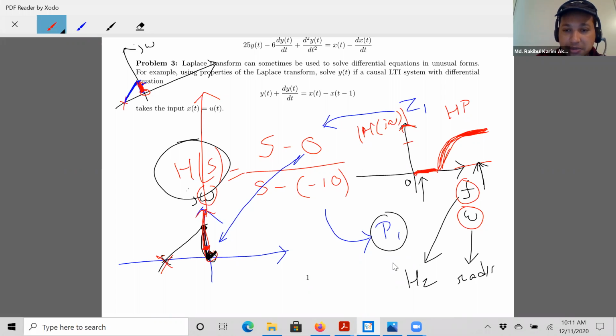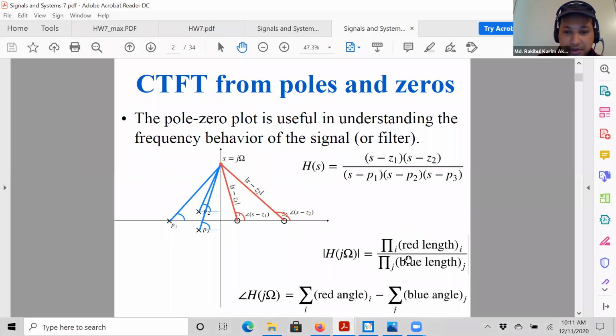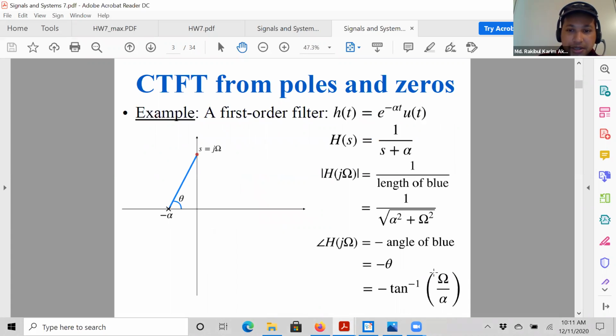Omega is very small in this region. So in that region, from this graph, the blue line is very large compared to the red line.